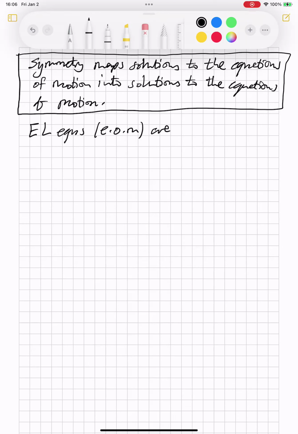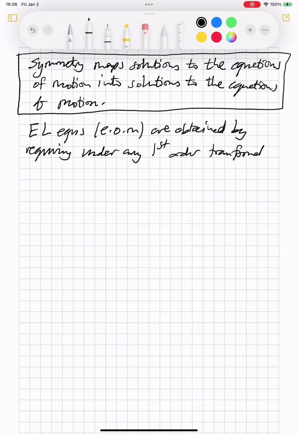They are obtained by requiring, under any first order transformation, so we shift phi into phi plus delta phi.